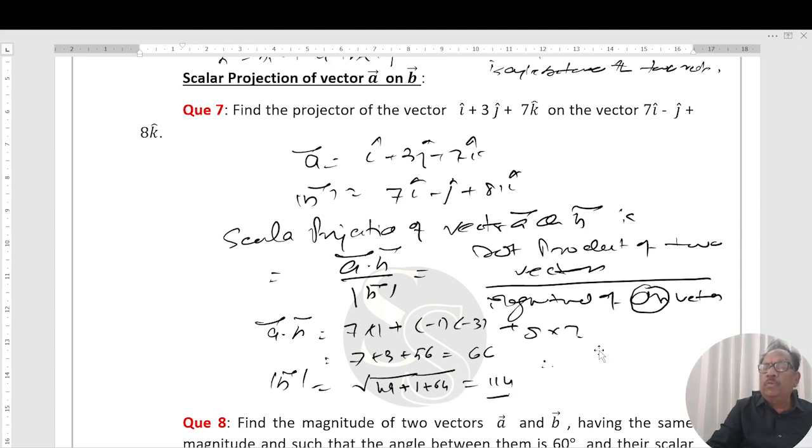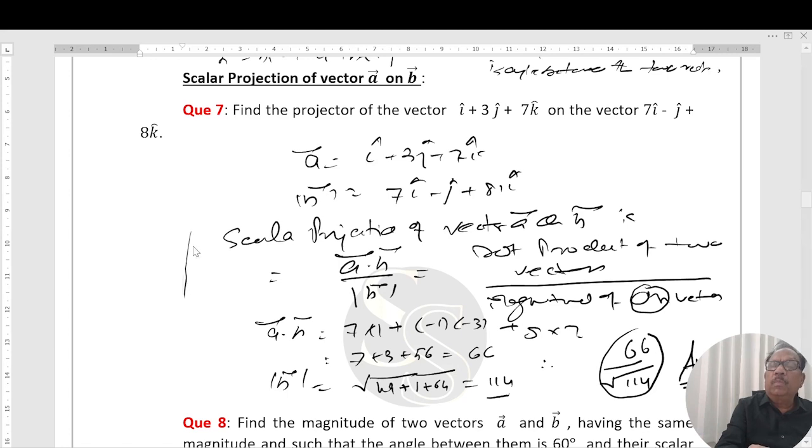Therefore, projection of a on b will be equal to dot product 66 divided by under root 114. This is the answer. So keep in mind this formula. This is an important formula: the scalar projection of vector a on b, or simply projection, is the dot product of the two vectors divided by the magnitude of the vector projected on. Very simple.